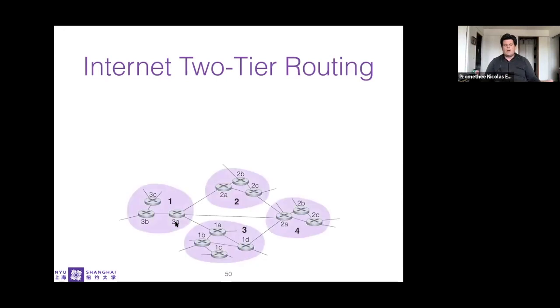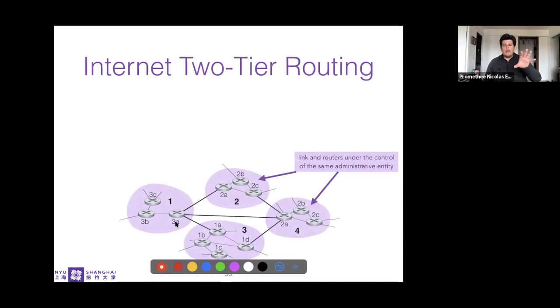So it means that if I look at each of those areas here, those domains, those will be, let's say, routers and links that belong to the same company, to the same organization, and routers and links that are under the same admin entity. So the same people are administrating those routers.